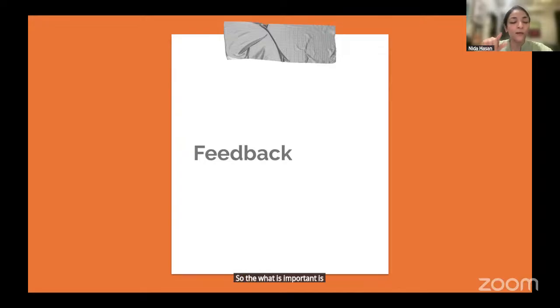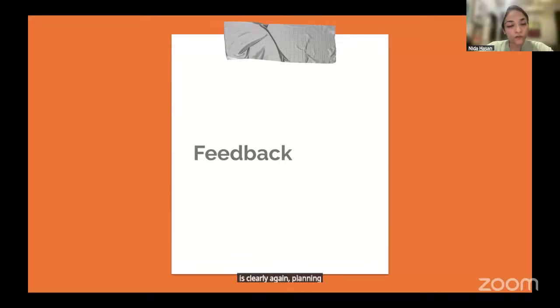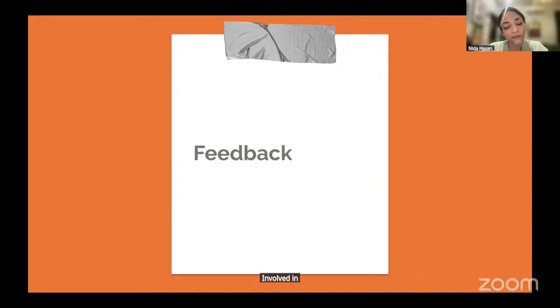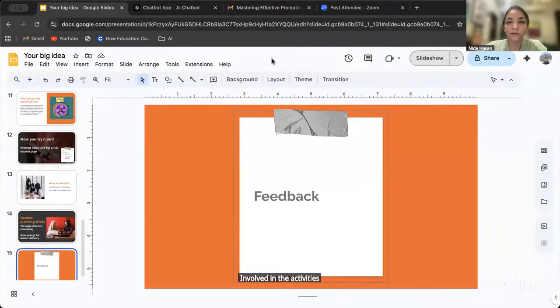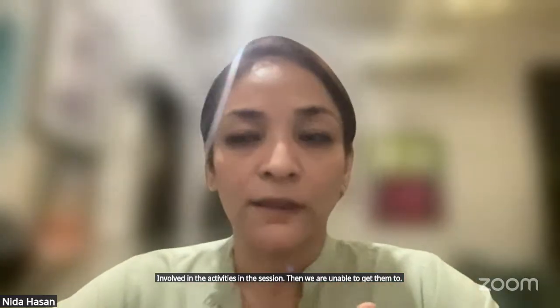What is important is that we relook the whole homework policy that we have, the amount of homework we send back home, and how we can make sure that the classroom time, which is when the children are in front of you, is used most effectively. इसके लिए again planning becomes most important, because if we are unable to plan our classroom activities which are interactive, which make children involved in the activities in the session, then we are unable to get them to learn.